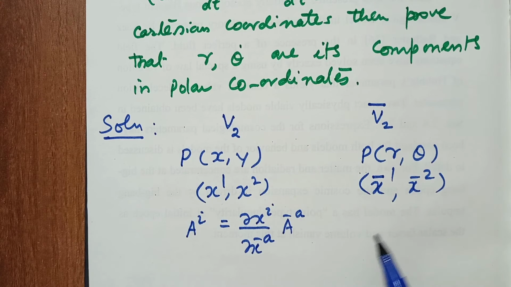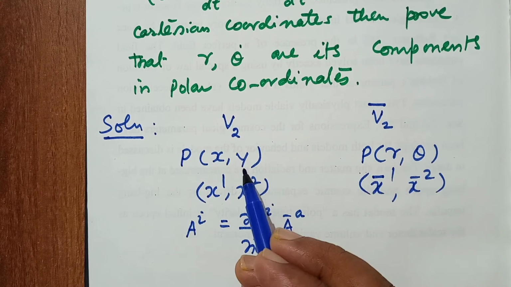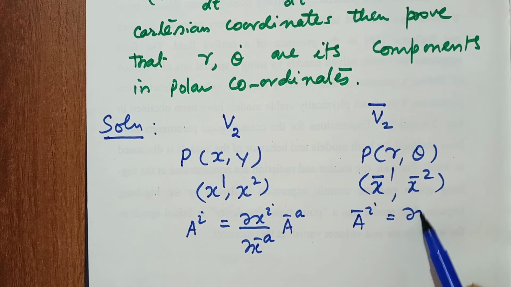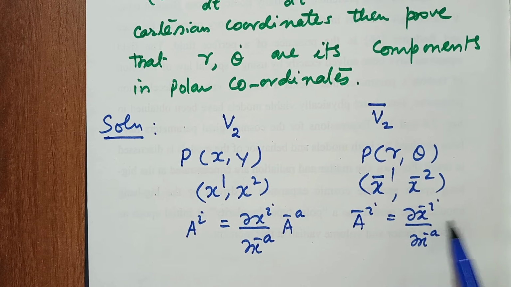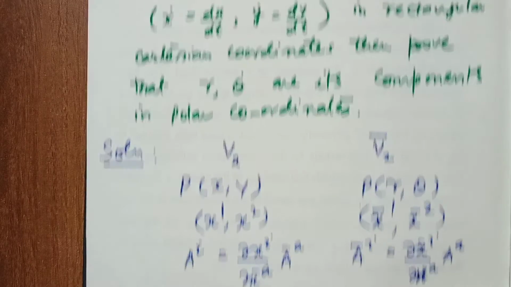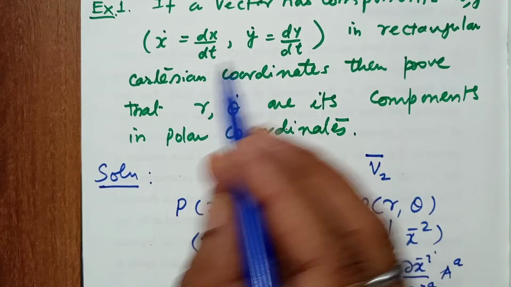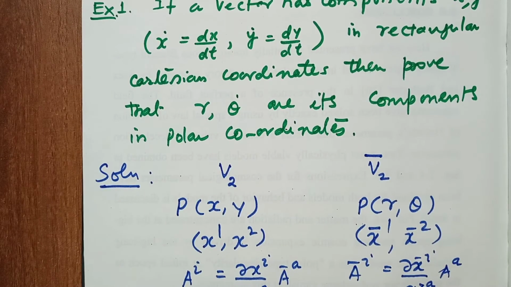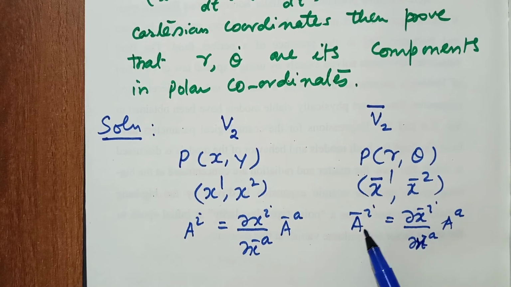And if we want to transform from bar to non-bar, A bar i is equal to del x bar i upon del x^a, A^a. So here, given the Cartesian components, we calculate the polar components, A bar i.